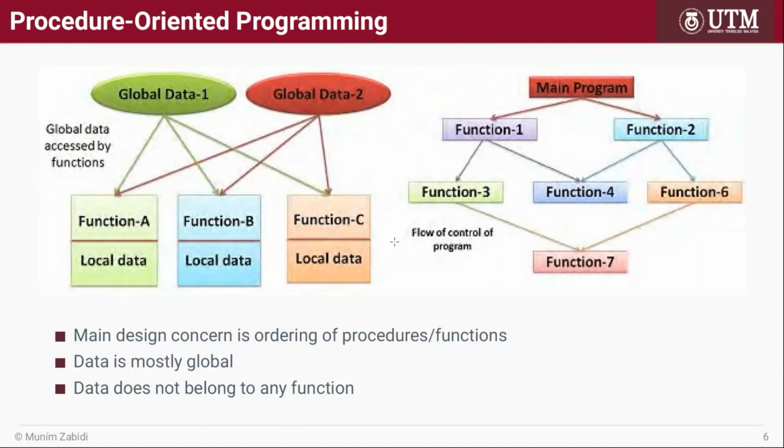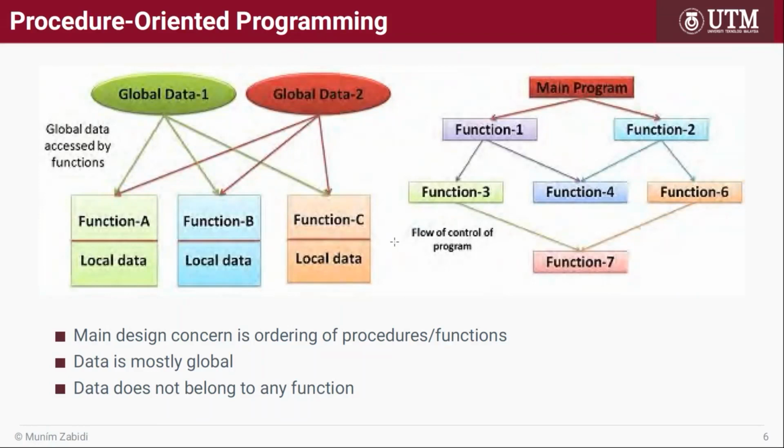And then the other feature of procedural programming is that the data is global. That means all the procedures can access the same data. If function A modifies global data 1, function B and function C will also feel the impact, because it's the same data that everybody is using.